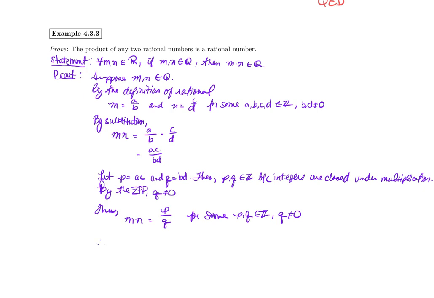This is the definition of rational, so we would say, therefore, by the definition of rational, we just showed that mn, the product of two rational numbers, is a rational number itself. And it has been shown.